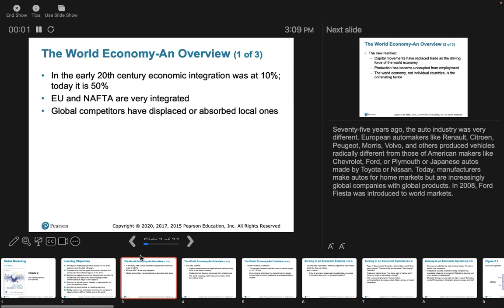Over time there has been economic integration, but as of today, even though we say the world is a global village, globalization is really taking place and global firms are competing globally, which is still just at 50%.